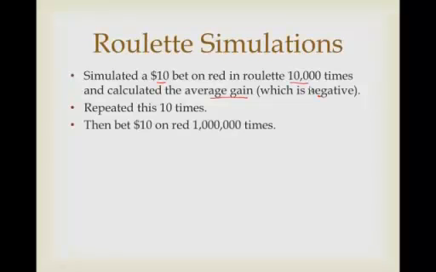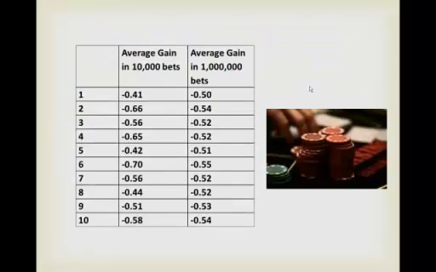Let's say that we also repeated the same experiment 1,000,000 times and repeated that 1,000,000-time experiment 10 times. Okay, now if we did that, look at this. We're essentially figuring out the average gain over 10,000 bets and the average gain over 1,000,000 bets, right?